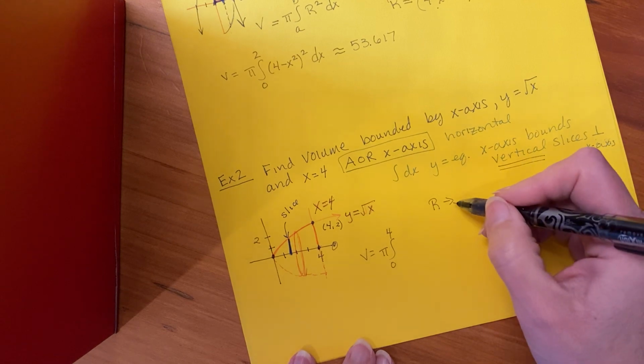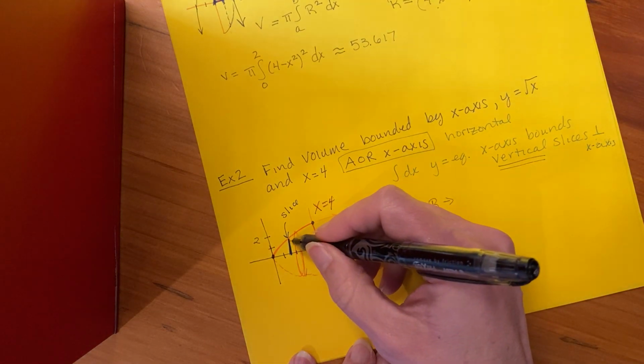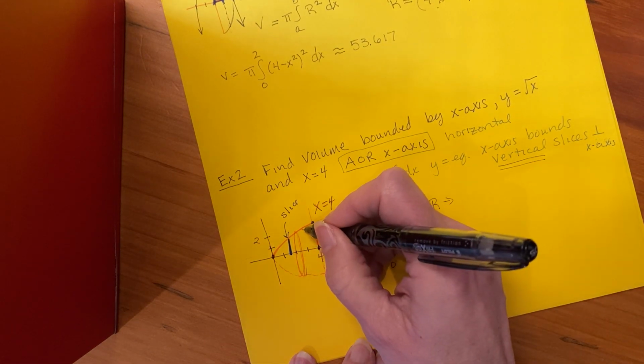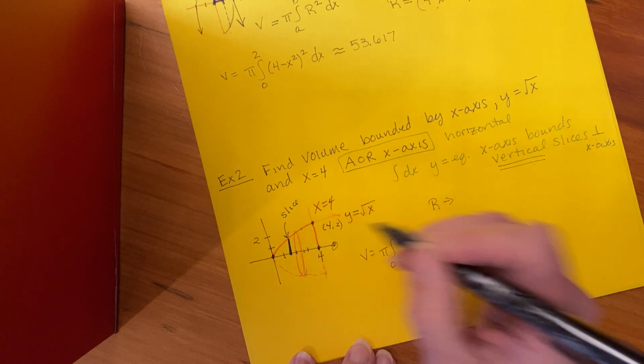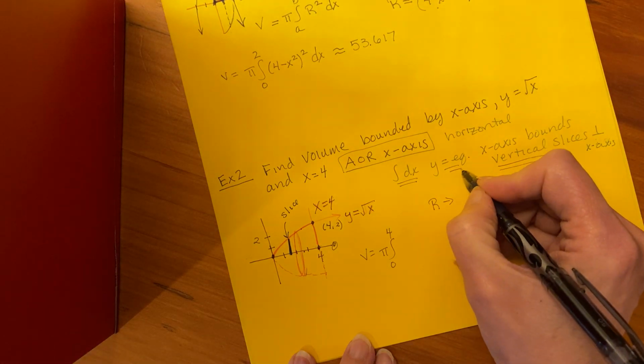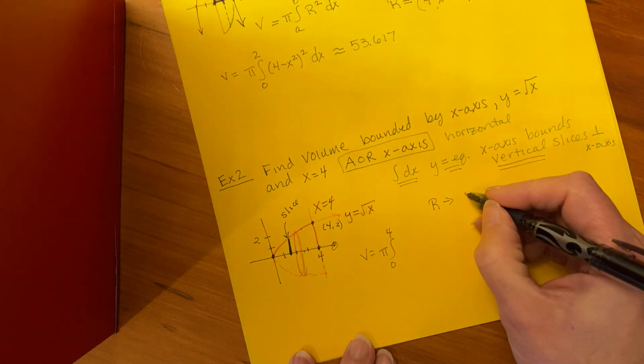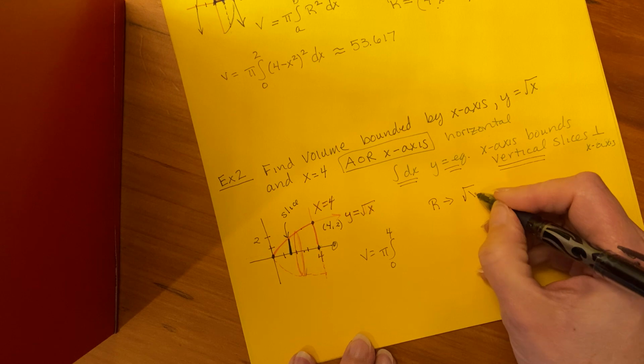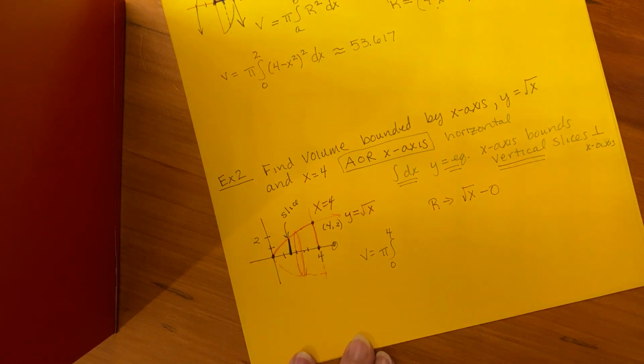All right, and now we just need to figure out how we're going to set up this radius right here. And again, we're going to do top minus bottom because we're going to do this with respect to x. We want our equations to be y equals. So here we go. Top minus bottom would be the square root of x minus 0.